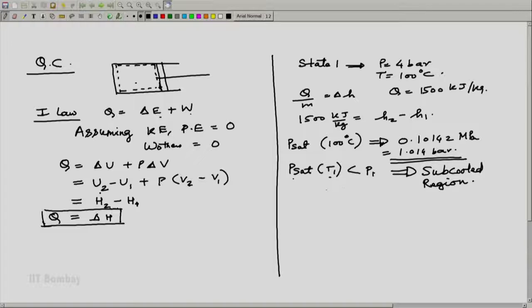Now if I go to table 3, I can get the enthalpy values at 4 bar and 100 degree centigrade. Because I am in subcooled region, I will go to table 3, isn't it? And from here I will get state 1, the enthalpy related or whatever values I want, from table 3. So can I go to table 3 now?